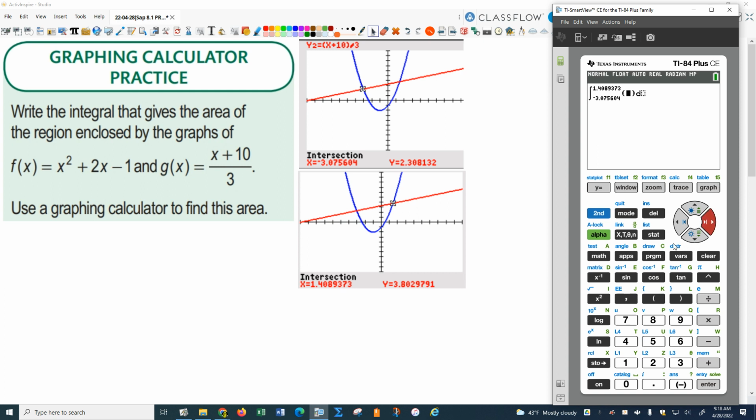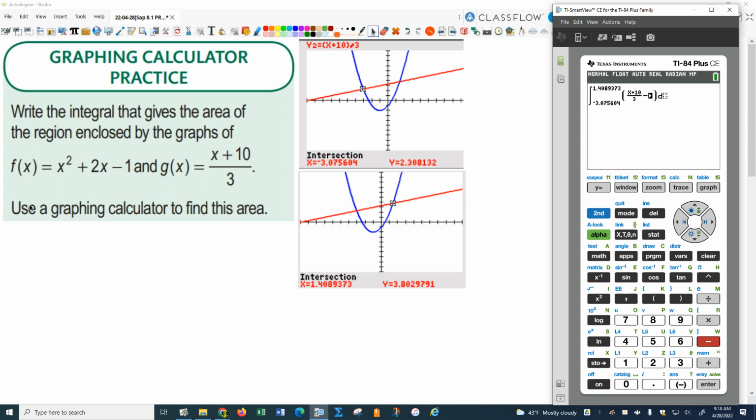Now, what's my integrand going to be here? Yeah, okay, good. X plus 10 over 3. So alpha, I'll use that cool little fraction template. Oops.